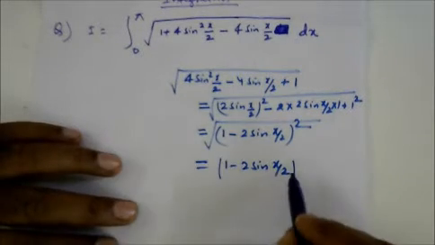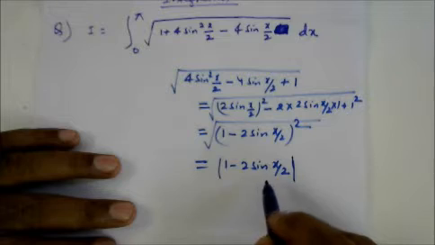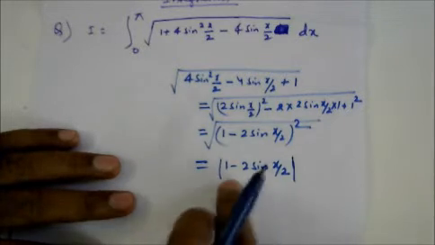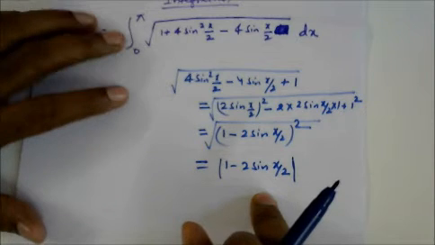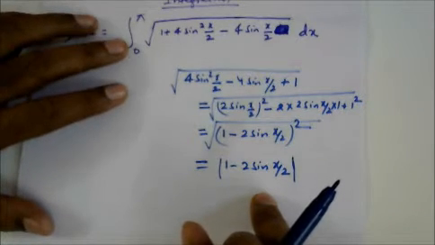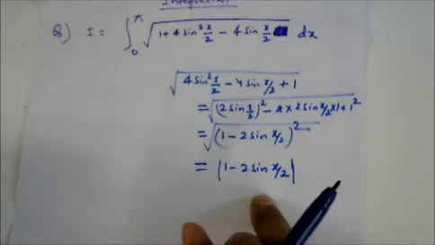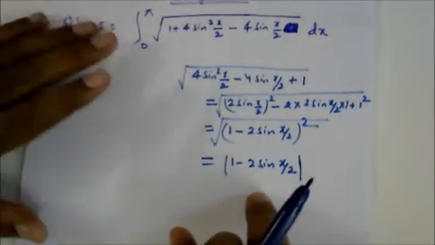Why? Because here an angle is there. This angle will have two kinds of values because the angle is varying from 0 to pi. In this range we have positive values also, and negative values also. So that particular part we have to consider.